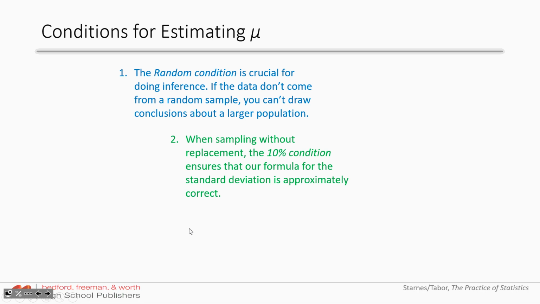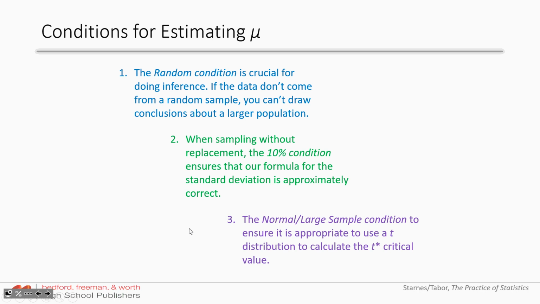So we need our random condition. And because I'm going to be doing an SRS, if I sample without replacement, I need to use my 10% condition to be able to use my standard deviation or standard error formula, right? And then the other condition with means was that I needed my sampling distribution to be approximately normal.